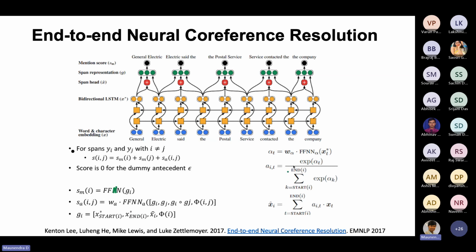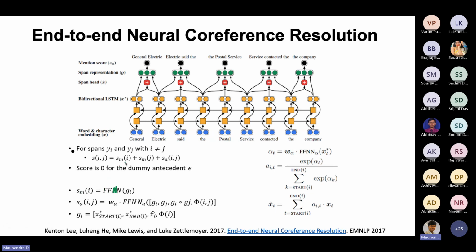These you concatenate, and then there is a representation for that entire span. And for that, an attention-based framework is used. So that is the representation of the entire span. And then this phi i is a kind of length embedding. So what is the length of i? Based on that, there is some function that transforms it to get an embedding, and you concatenate all of them to get a representation for the span. Now, once you get the representation for the span, you pass it through a feed-forward neural network to get the mention score for this span.